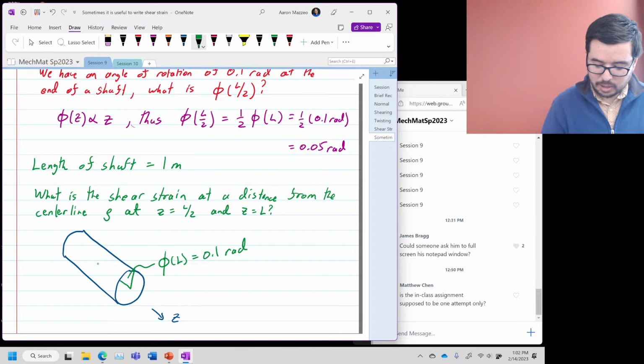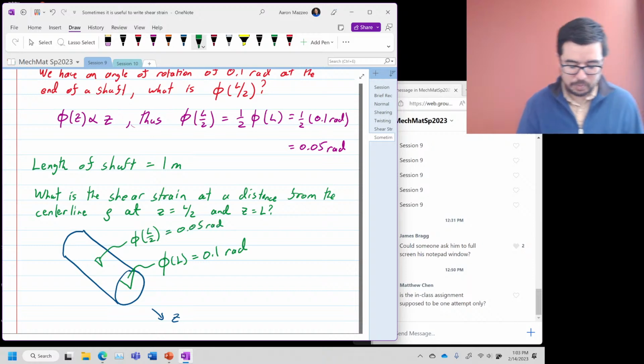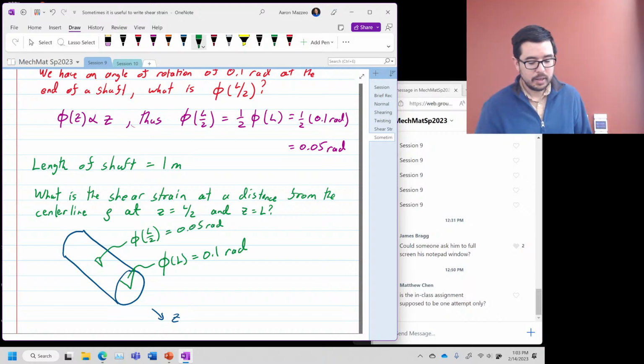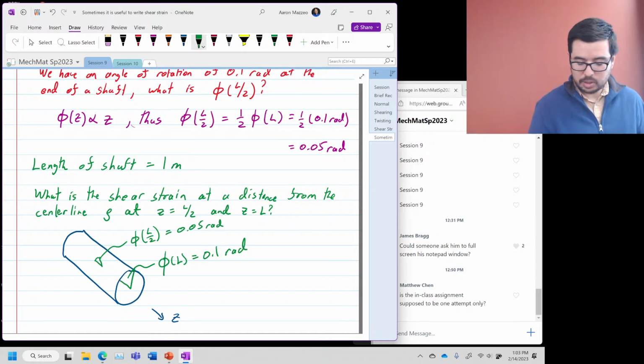And let's say that we're interested in phi over here, the phi at L over 2, which was 0.05 radians. We calculated it out. And now what we're interested in is, what is the shear strain?